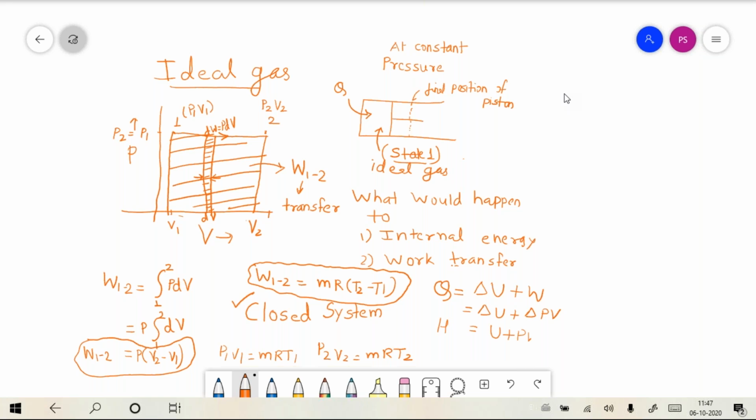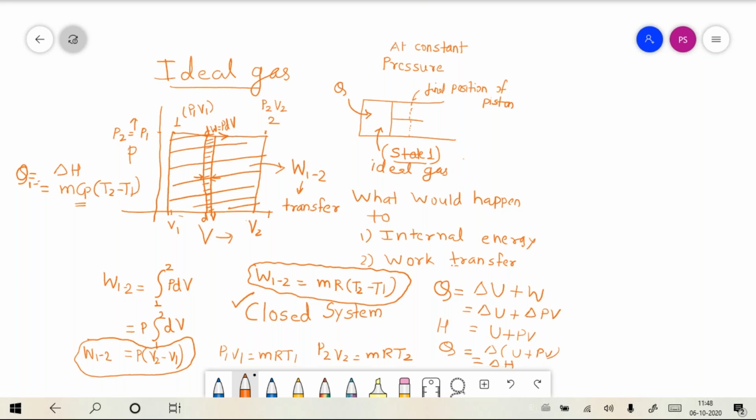You all know that U plus PV, by the definition of enthalpy, is equal to H. So Q is equal to delta U plus delta PV, meaning delta of (U plus PV), which is nothing but delta H. From the definition of specific heat at constant pressure, Q is equal to delta H, which is mCp (T2 minus T1).